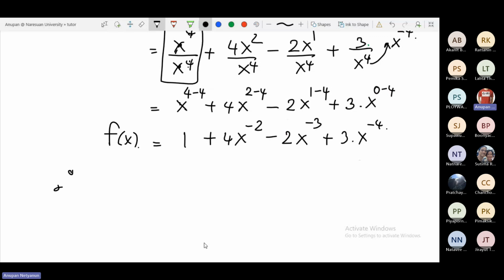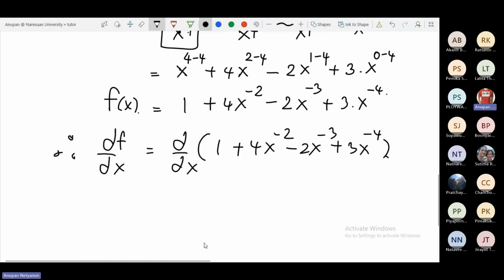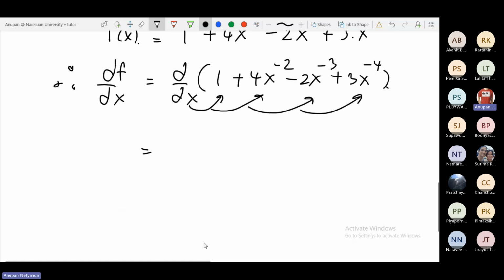Hence, df/dx is, you take the derivative on the right hand side, and the derivative can distribute inside. When it distributes to the first term, you have the derivative of a constant, which is 0.